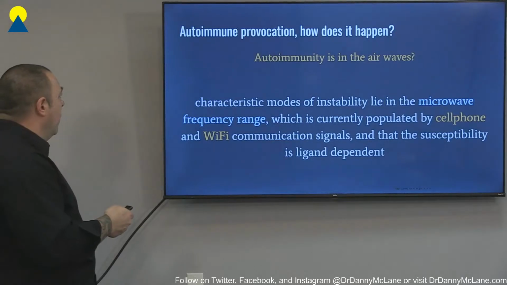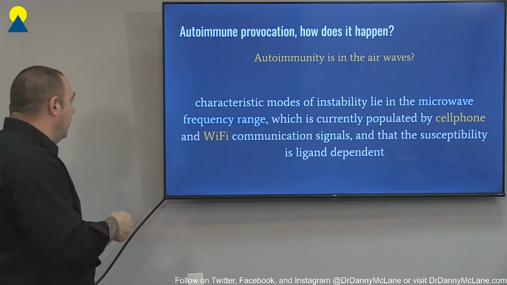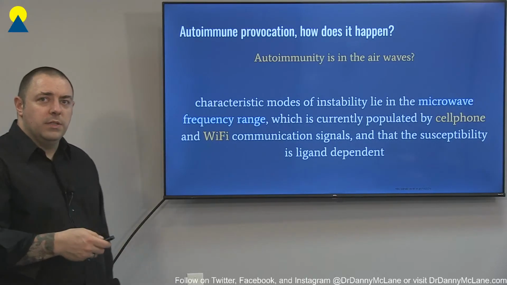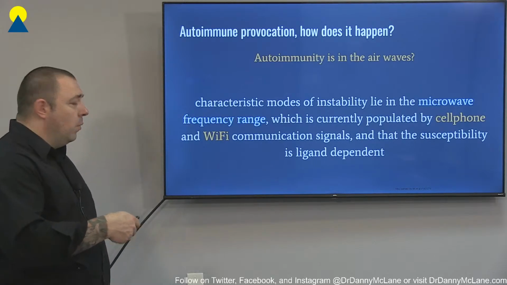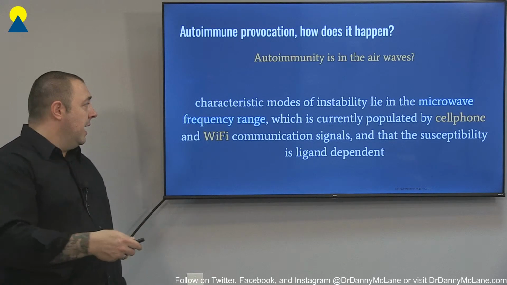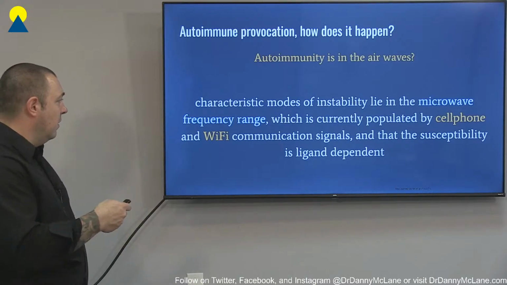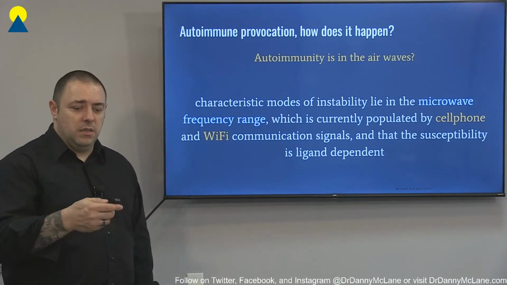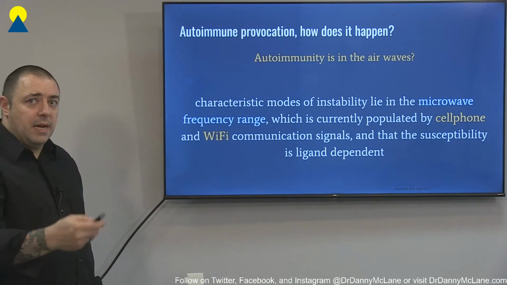All right, so characteristic models of instability lie in the microwave frequency range. So they're saying electricity in the air or electromagnetic waves. But which waves? Which frequency? And it says basically that it's the cell phone and Wi-Fi signals that are really the ones that cause the susceptibility. So that means these are found naturally in our normal environment, in a house as well as in the office.